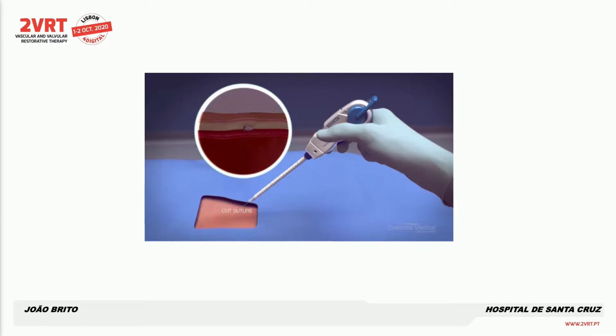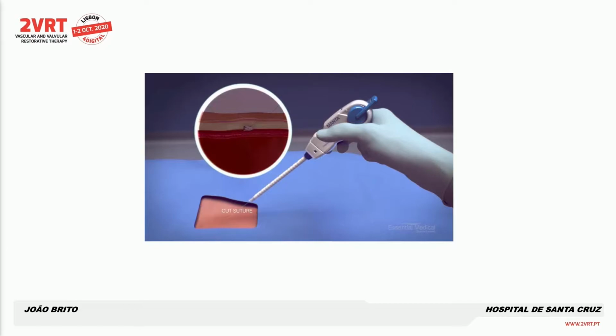We release the tension, and the tension that we apply to this system, we can assess it through a color code collar in the handle, and when it's green it's great. So we can tamp the collagen, we can release the tension. If everything is okay, no bleeding, we can cut, we withdraw the system.